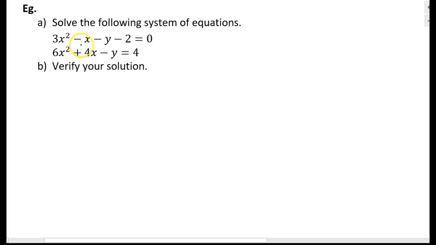That would not cancel with the 4 x's here. Likewise, if I halved this equation, I would have 3x squared. Great, that cancels with x squared, but it doesn't cancel with my x's here. So still, if I'm using elimination, I'm going to try and eliminate y. So that's the strategy I'm going to use.